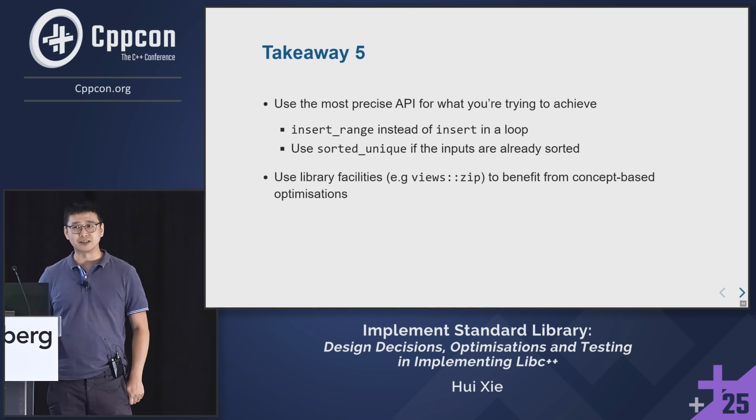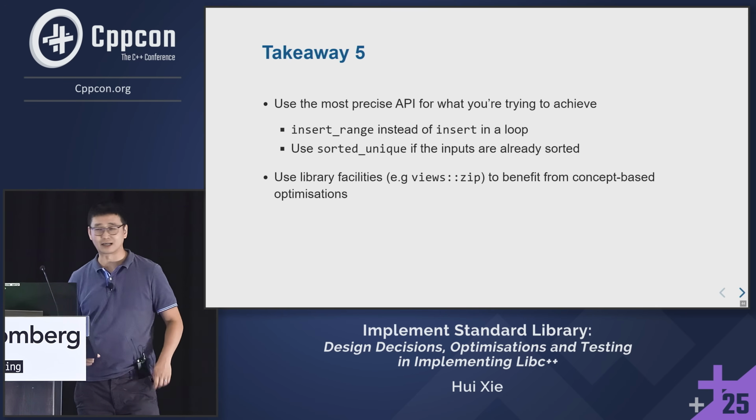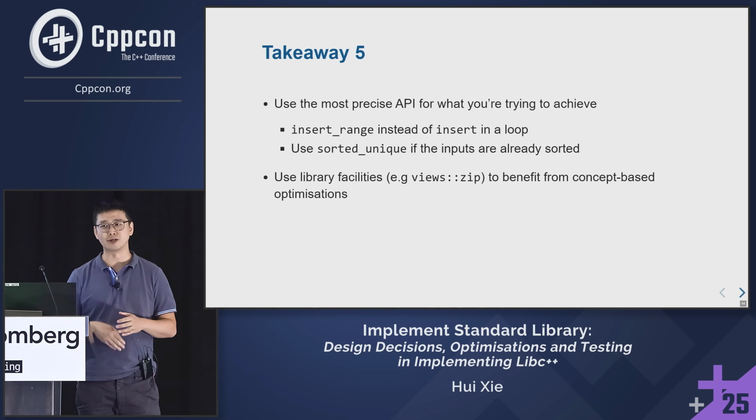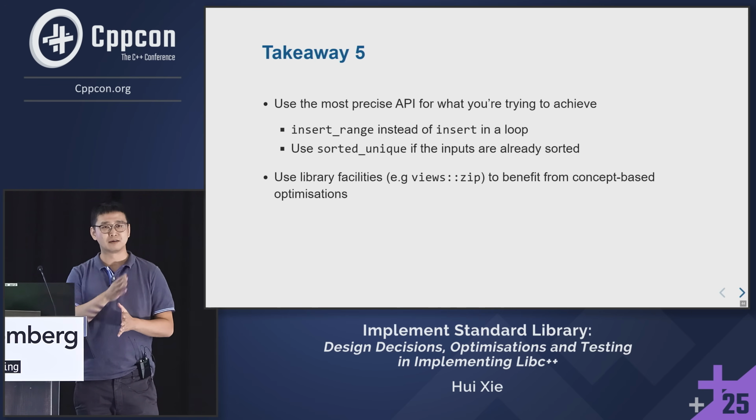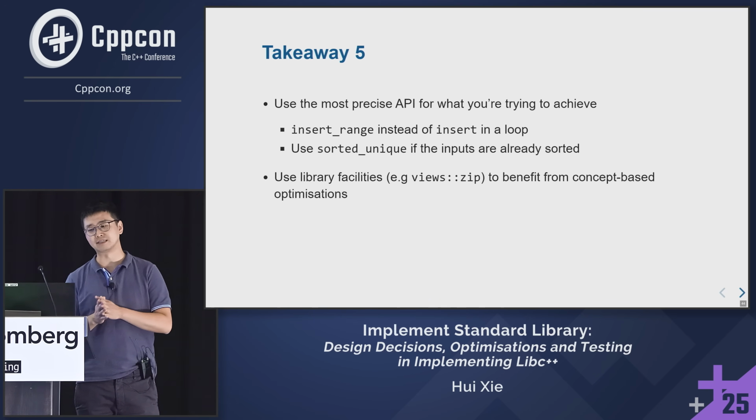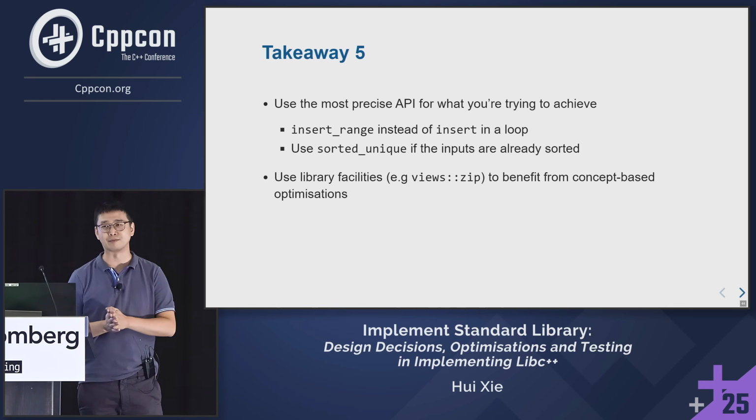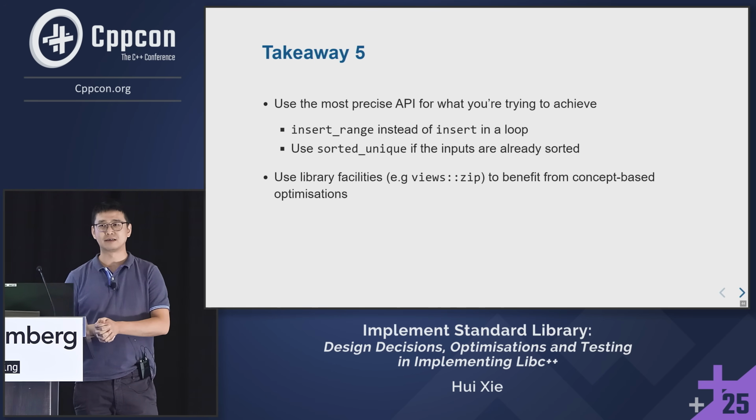And also try to use library facilities like views::zip instead of rolling your own zipping mechanism or writing a lockstep for loop or whatever. Because if you use library facilities, you're going to benefit from the library's concept-based optimizations.